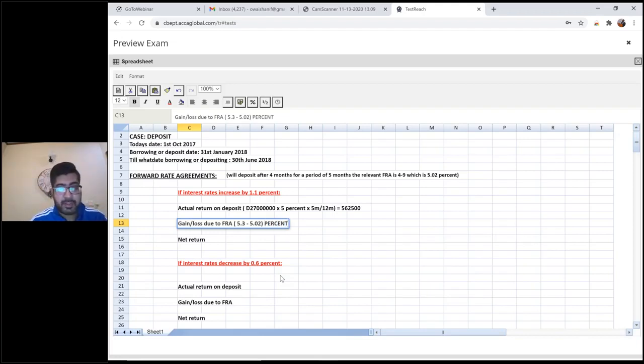So this is the difference in rates, into amount, into time period over 12. This makes it 31,500.